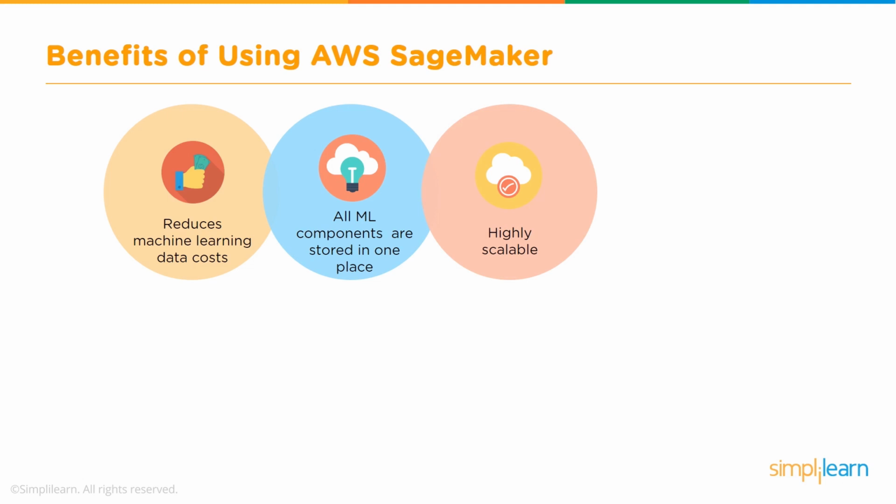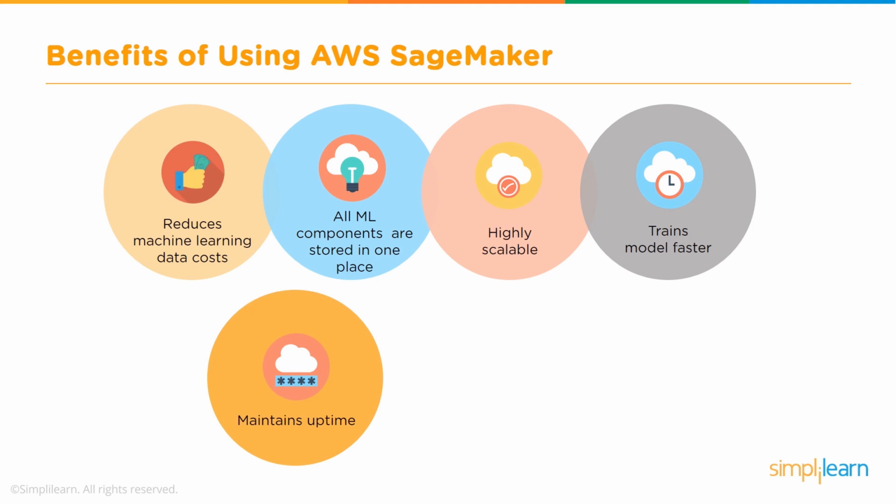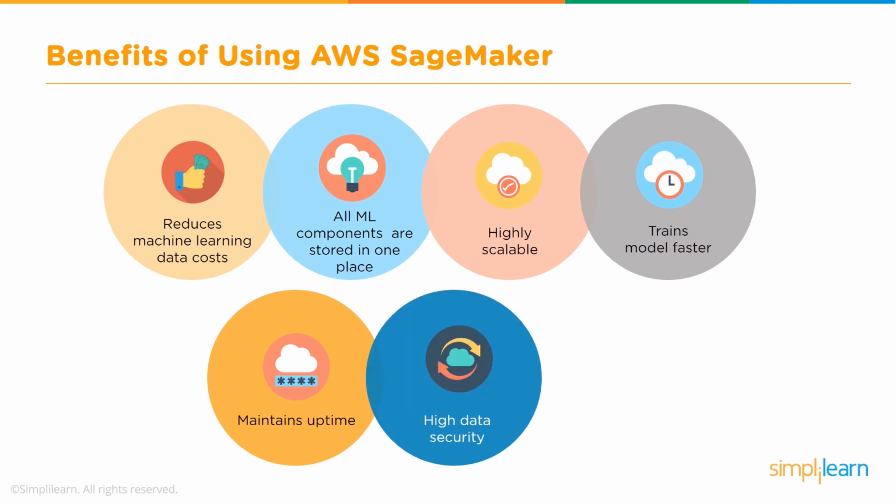It trains the models quite faster and maintains the uptime, so you can be assured that your workloads will be running and available all the time. High data security: security becomes a major concern on cloud platforms, and it ensures that you have high data security. Along with that, you can transfer data to different AWS services like the S3 bucket with simple data transfer techniques.